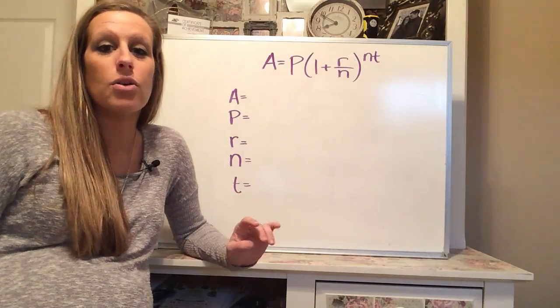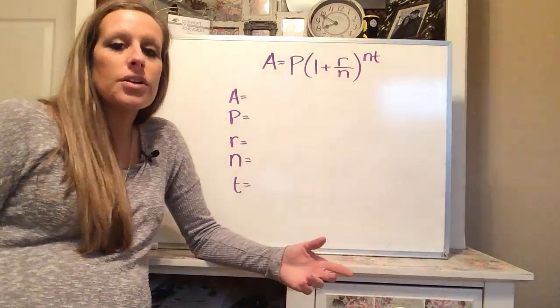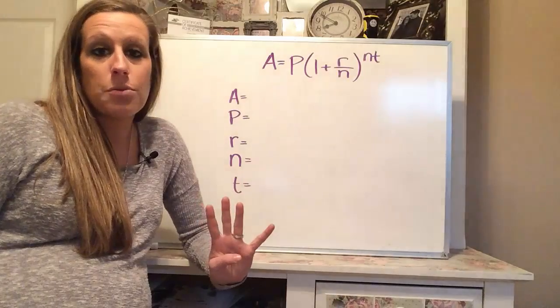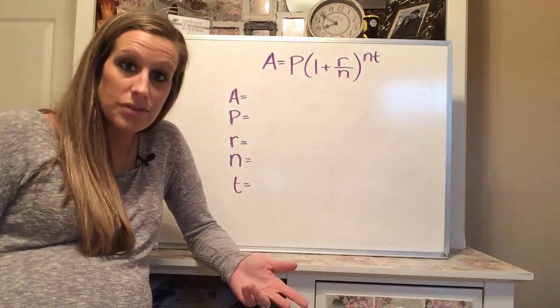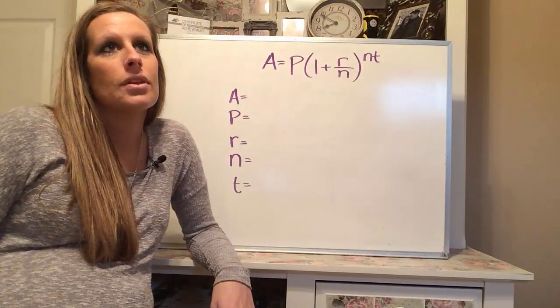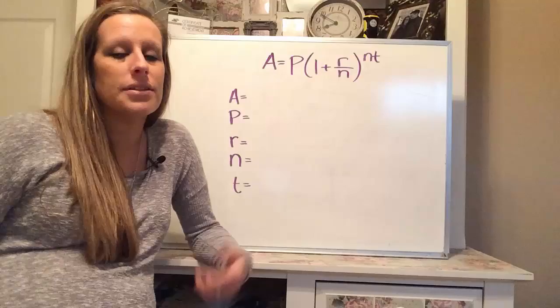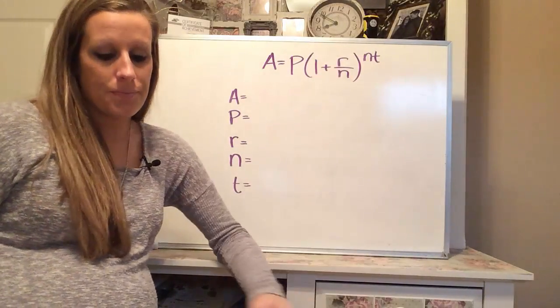Sometimes you'll hear about quarterly interest. So quarterly happens 4 times a year. So my N would be 4. Monthly happens 12 times a year, 12 months in a year. We won't get into weekly, bi-weekly, stuff like that, but it's just how many times it happens in 1 year.